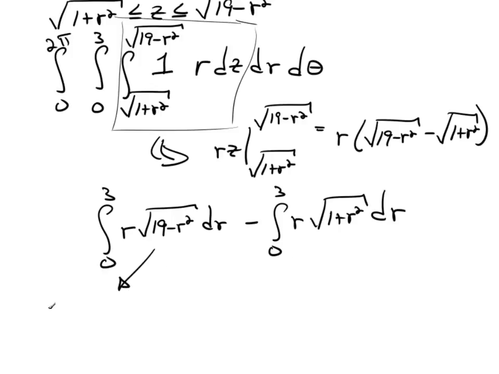So here I'm going to let u equal 19 minus r squared, then negative du over 2 equals r dr, which is exactly what I have.